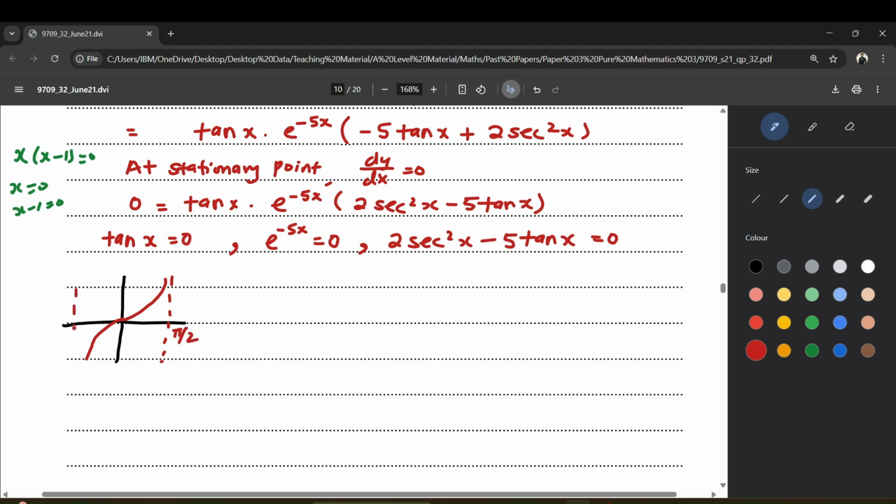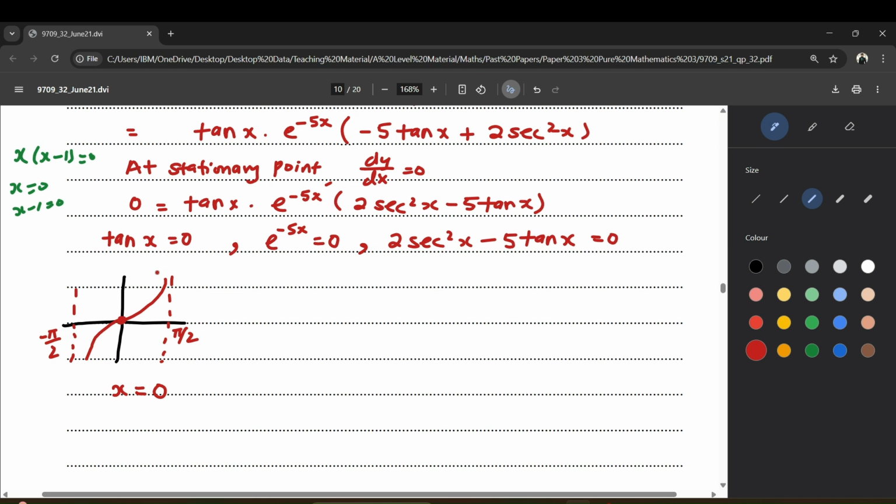And you have an asymptote over here at minus 90 degrees, so that is minus pi upon 2. So here you can see that x is equal to 0, right? So where does tan x become 0? When x is equal to 0. So therefore we can say that x is equal to 0. So that is our first x coordinate of a stationary point.